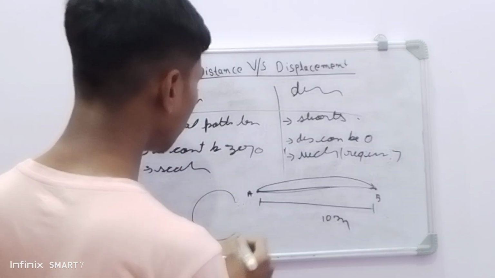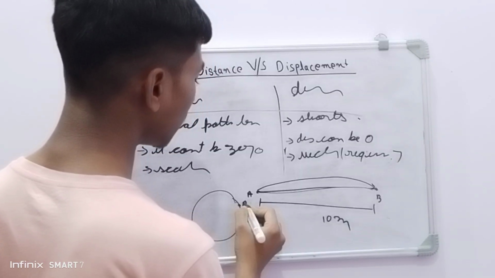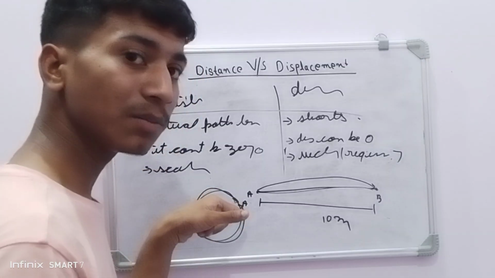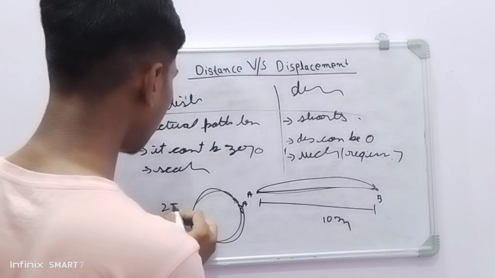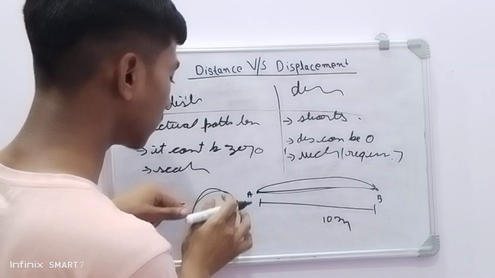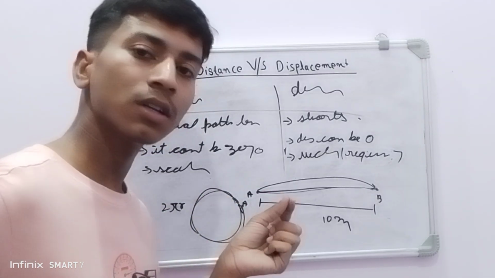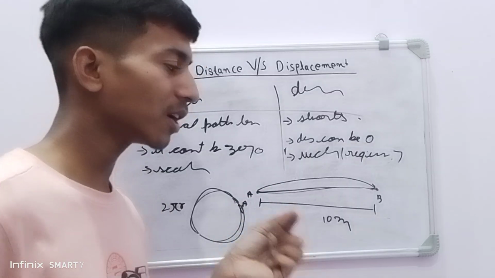And in the circle, if a point is starting from A and just comes back to stop at A, then displacement becomes 0, but distance becomes 2 pi r, because it covers the circumference of the circle. But there are two conclusions which you get.